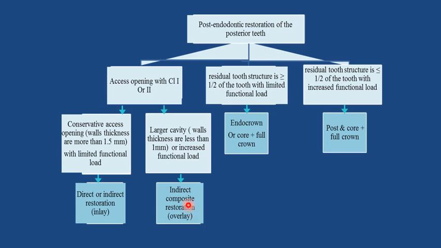In cases where we have further destruction of the tooth structure, but the remaining tooth structure is still greater than half of the tooth structure with limited functional load, here we can select either an endocrown or a core build-up followed by a full crown.